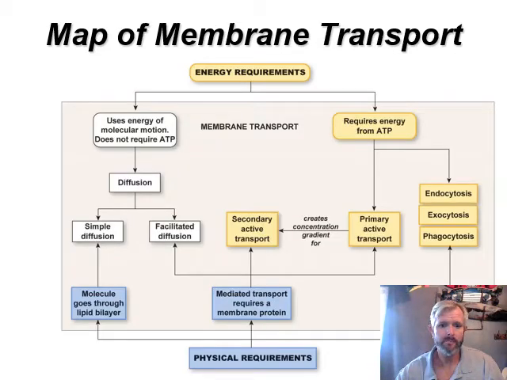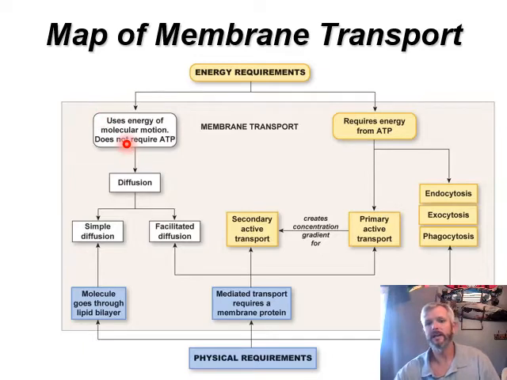So here's our map of how membrane transport takes place. Down here we have physical requirements, and up here we have energy requirements. Let's look at energy. No use of energy is the passive portion.